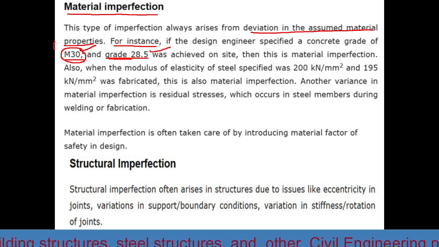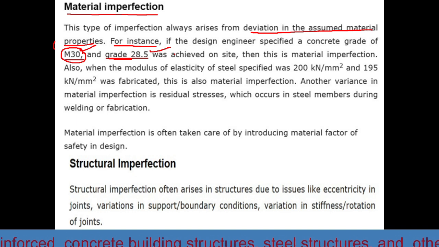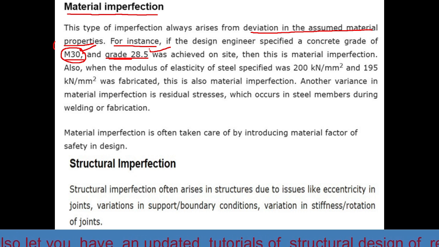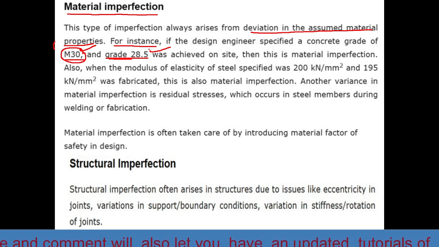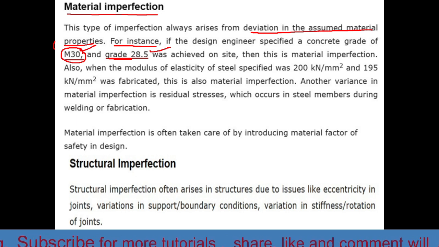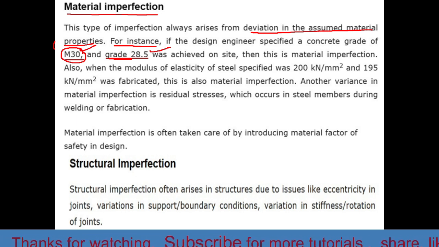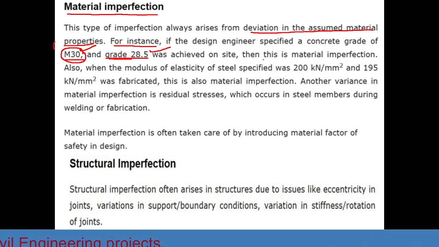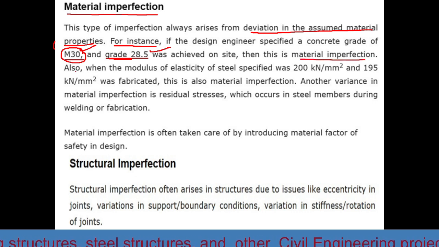So this is due to the problem of mixing, or this may be due to the quality problem of ingredient material. So this kind of material imperfection has to be accounted for or taken into consideration during the design of the member. So then this is a material imperfection.